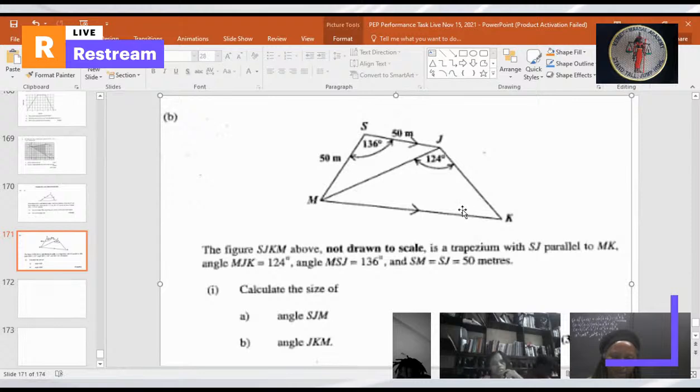Oh wait, no, not 124. 34. Yes, miss. So that's what we're writing. MJ over the sine of 22 is equal to 93.2 over the sine of 34. And then you're going to work out the sines and cross multiply.